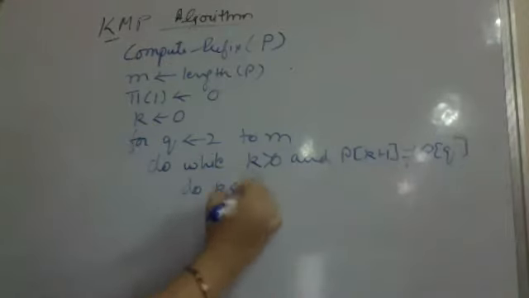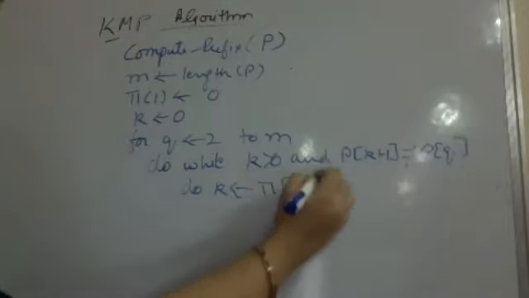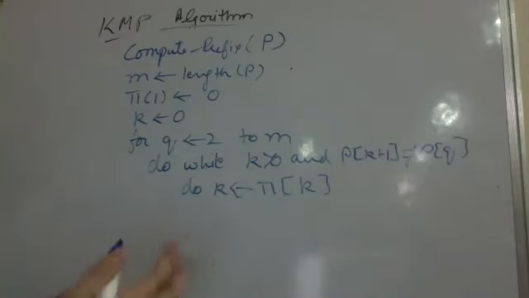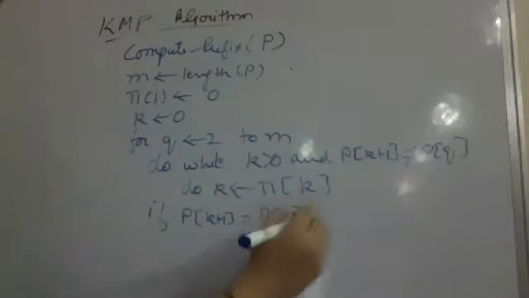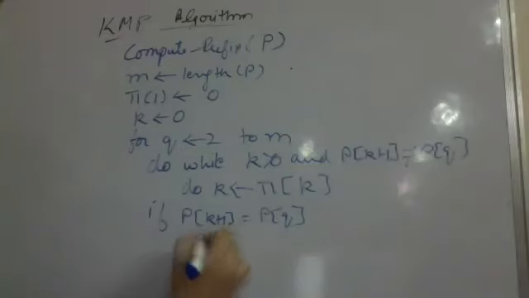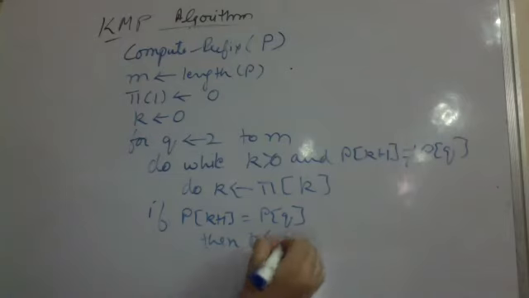Set k to the pi value of k. I will just see what is happening here. If pattern of k plus 1 is equal to pattern of q, in that case increment k, otherwise do not increment k.